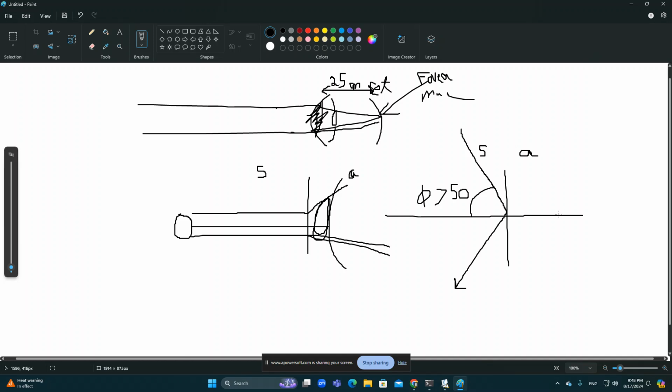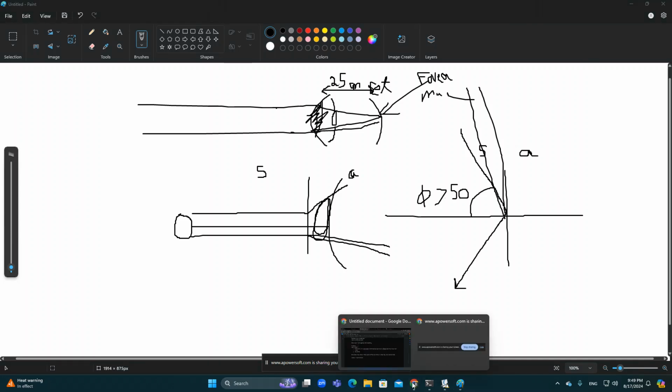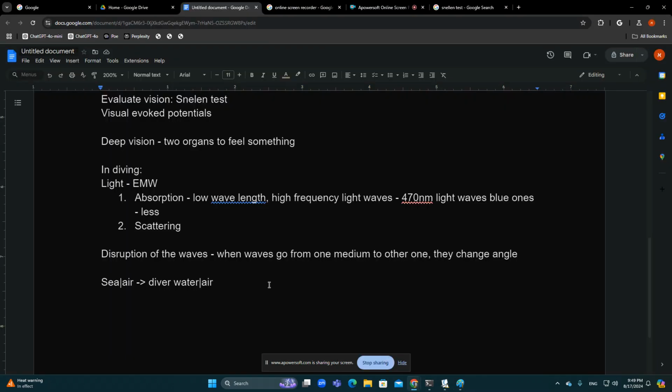And this is very important to remember. This means that the area that the diver can see is smaller, because every light wave from here the diver cannot see. So this concept is very important.